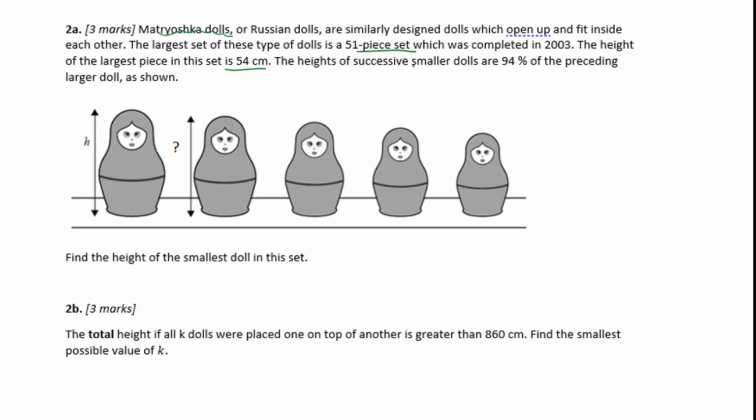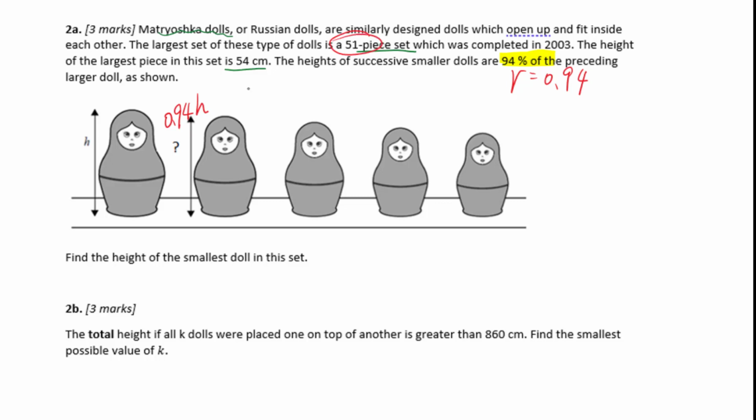The heights of successive smaller dolls are 94% of the preceding larger doll as shown. 94% of, we know this is a geometric sequence and series. The first one is H, then the second one will be 0.94 H. This r equals 0.94.